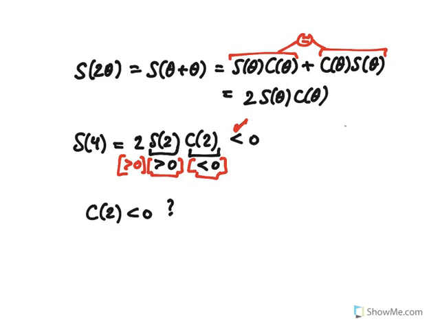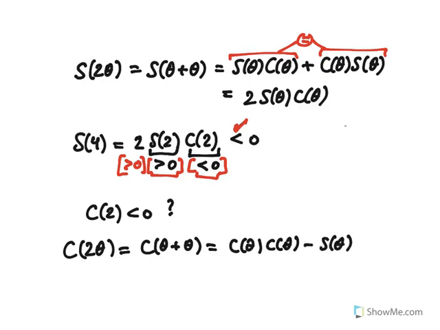All right, so again, we're going to try to use a double angle formula, but this time for the c function. So we think of 2 theta as theta plus theta, and then it's cos cos minus sine sine. So that's c of theta squared minus s of theta squared.